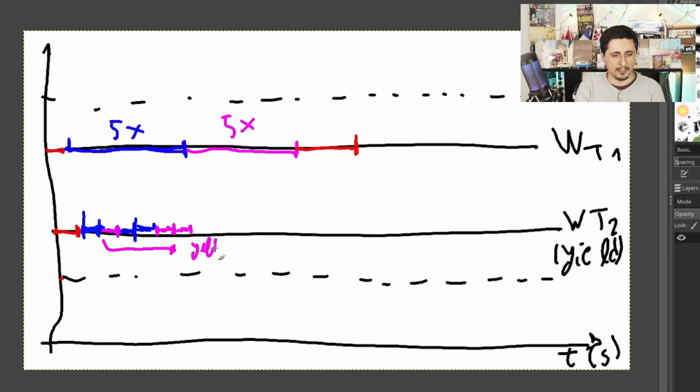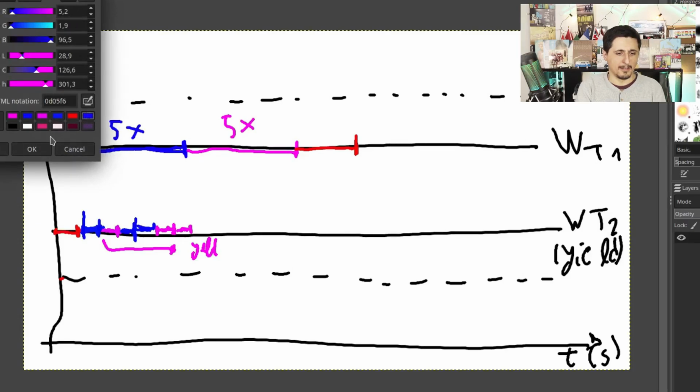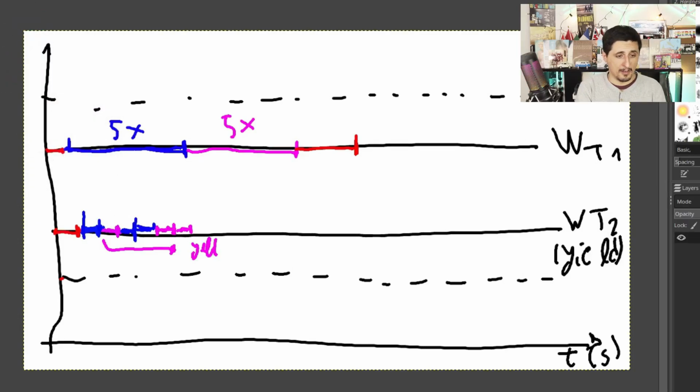So there's one yield here, and there is another yield here. And this will happen over and over 5 times until it gets to the end. Now, this has been maximized, so this would continue off the chart, but I think you get the point.